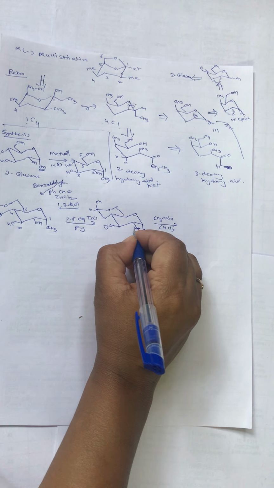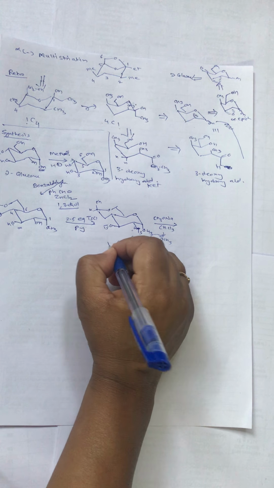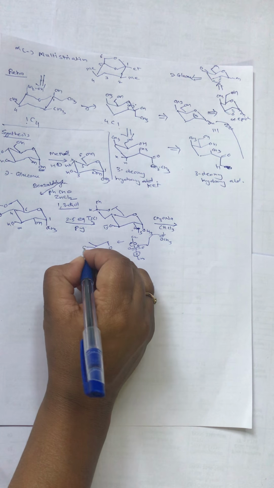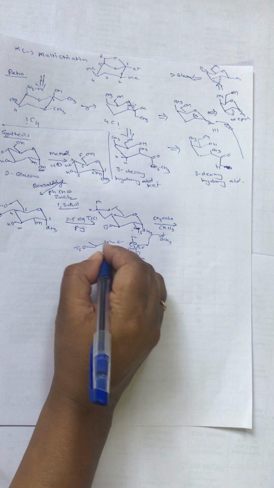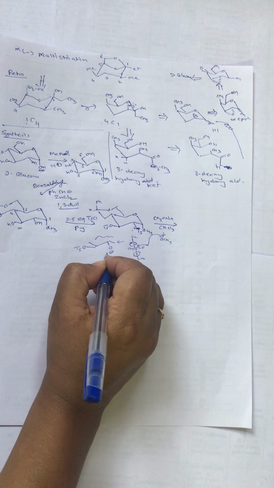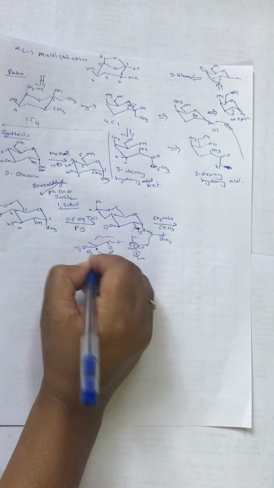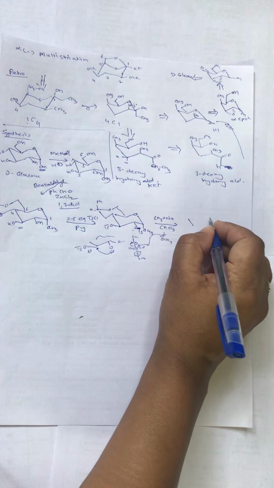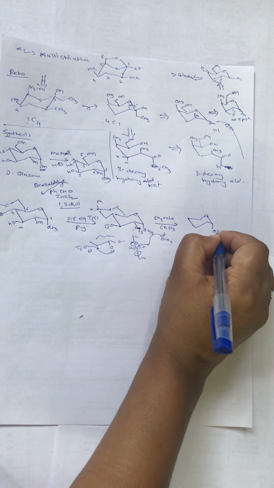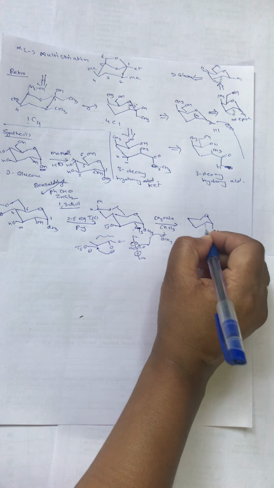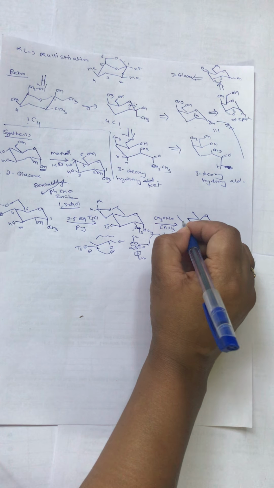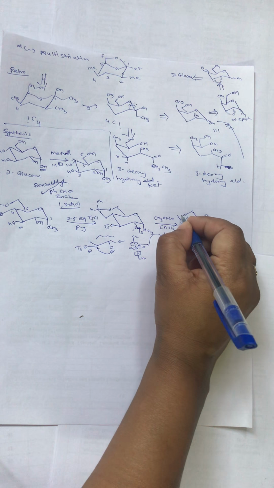So we will get O minus here, and now it will attack on the OTs. If this O minus is formed, this will attack here and OTs will go. So we will get a structure that looks like this, with OCH3, and here you get the alpha epoxide formation. The rest of the things are as it is.